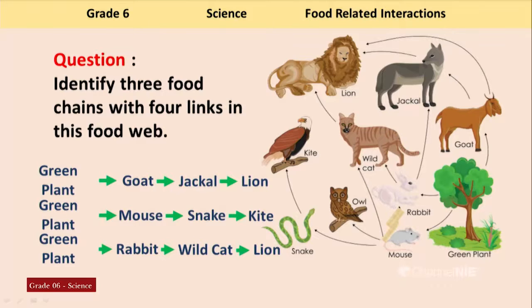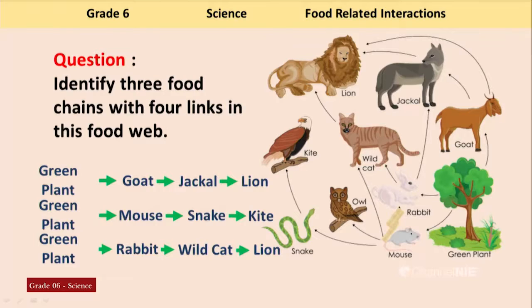Here is the green plant. Then goat, jackal and the lion. There are 4 links. The first answer is correct. Look at the second one. Green plant, mouse, snake and kite.